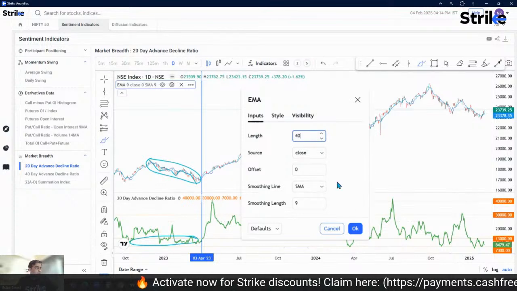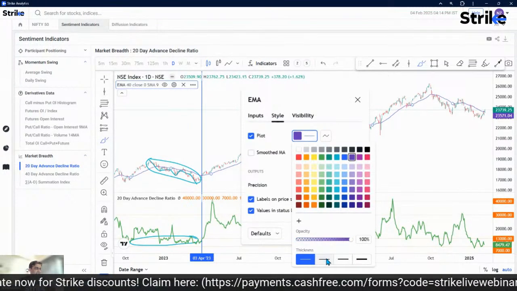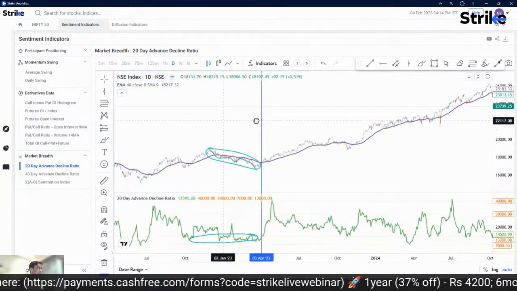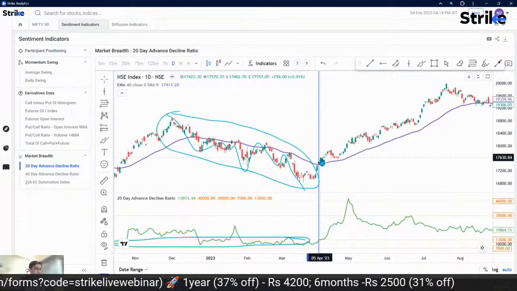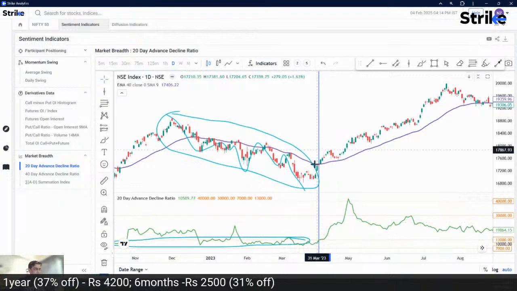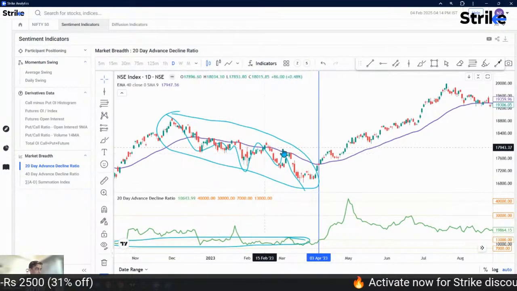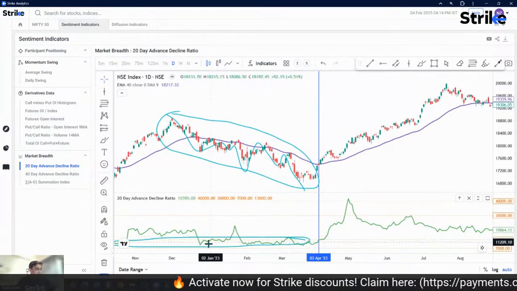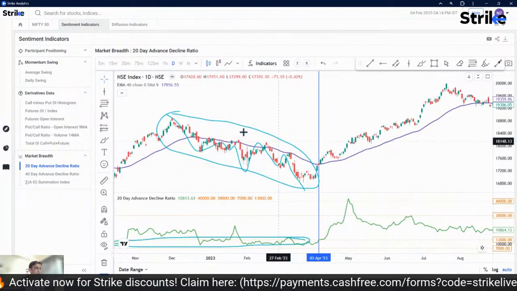Put up a 40 period moving average like this. Then look at where the Nifty is. If Nifty crosses above this, and this indicator is at a bottom and is bouncing back, that is where you can go long. But if Nifty is below the 40 EMA and the indicator is at an oversold level, you could choose to wait.